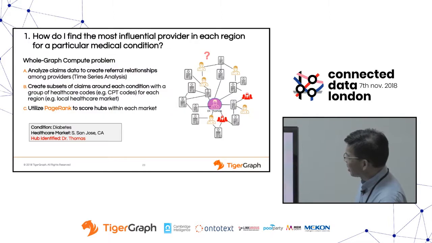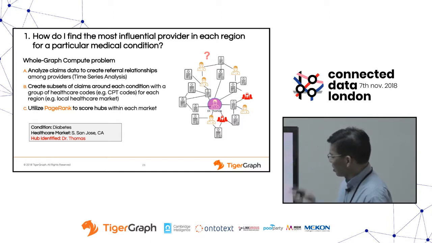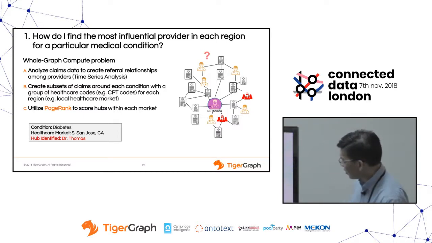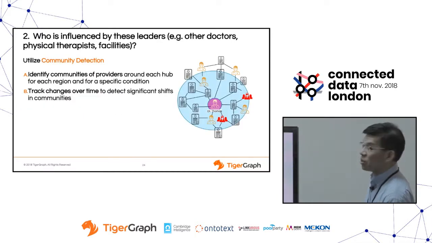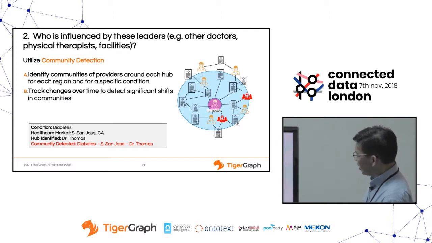Very quickly, I'm going to have to skip over all this and tell you about a use case. This is a healthcare network. We use PageRank, not for web analytics, but to decide who is the most influential doctor. Once we find out who is the most influential doctor, we do community detection to see who they influence.